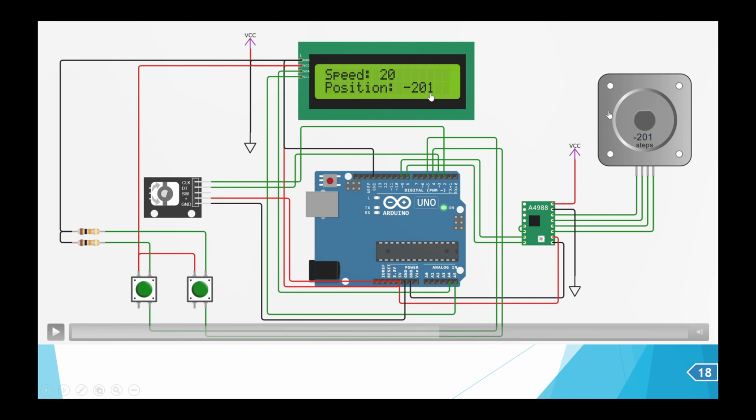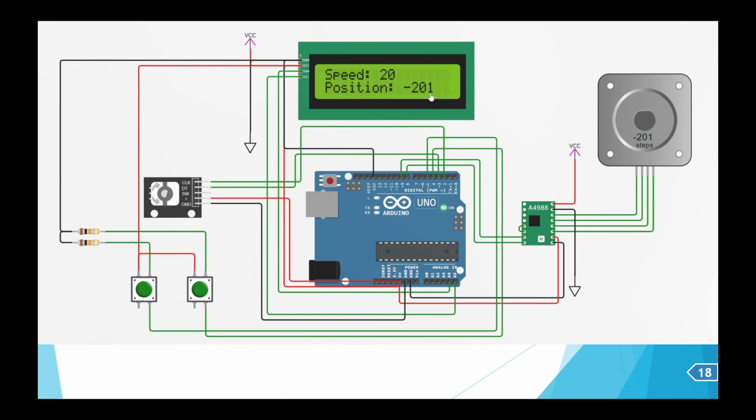You can see that 201 steps, that is almost 200 steps we can consider. It has been rotated by 201 steps, and due to the 201 steps of rotation, it has completed its one complete revolution in the anti-clockwise direction.